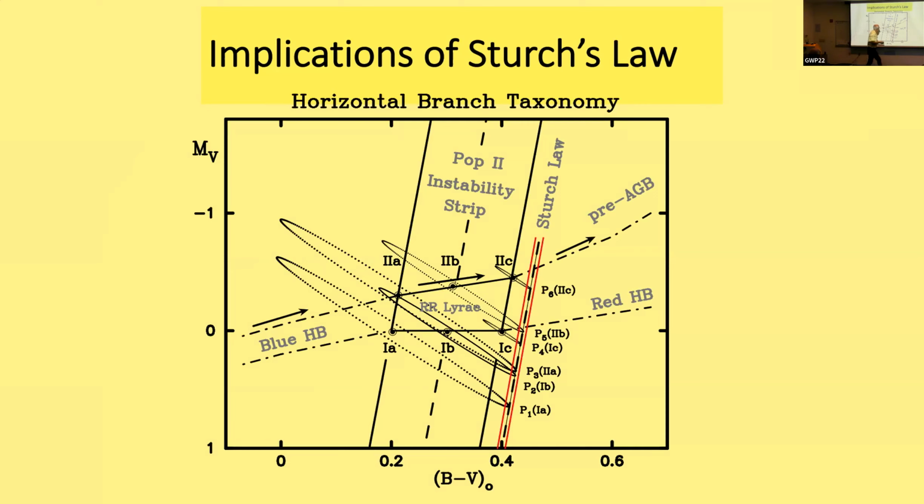Sturge's law tells you that there is a very small dispersion region where every star at its minimum in its light curve reaches and has the same color. So a star here, which has a large amplitude, will find itself here at mean light.